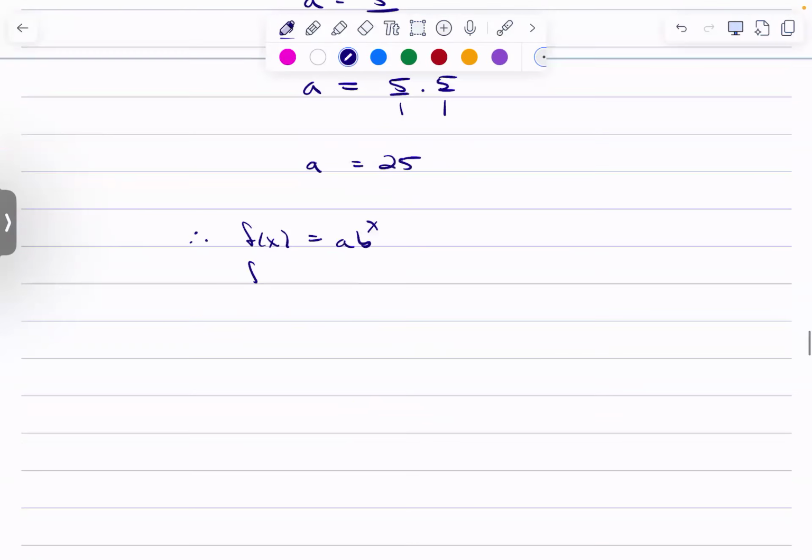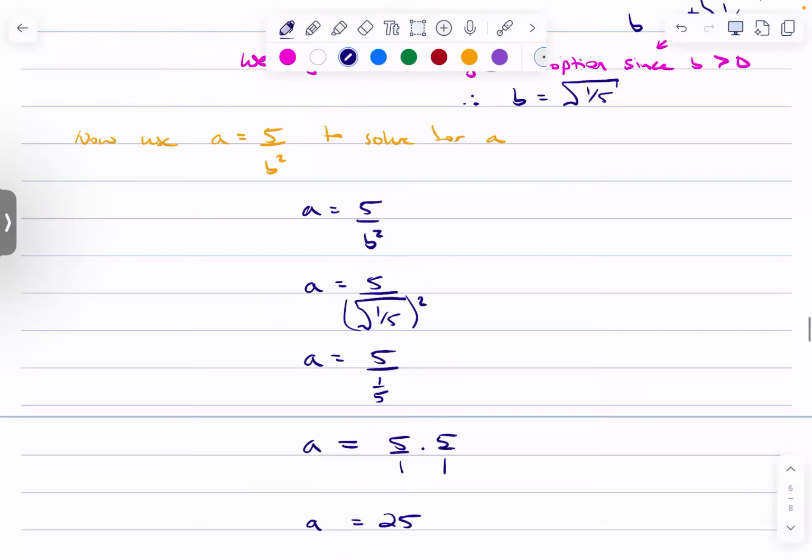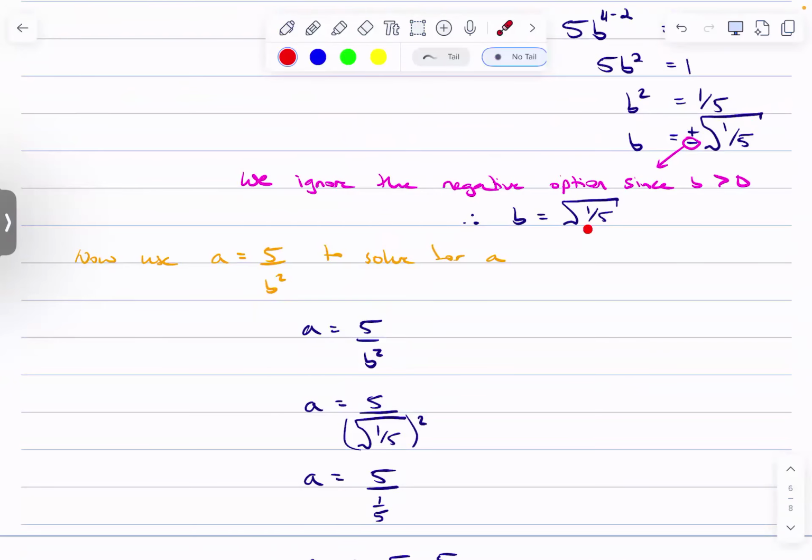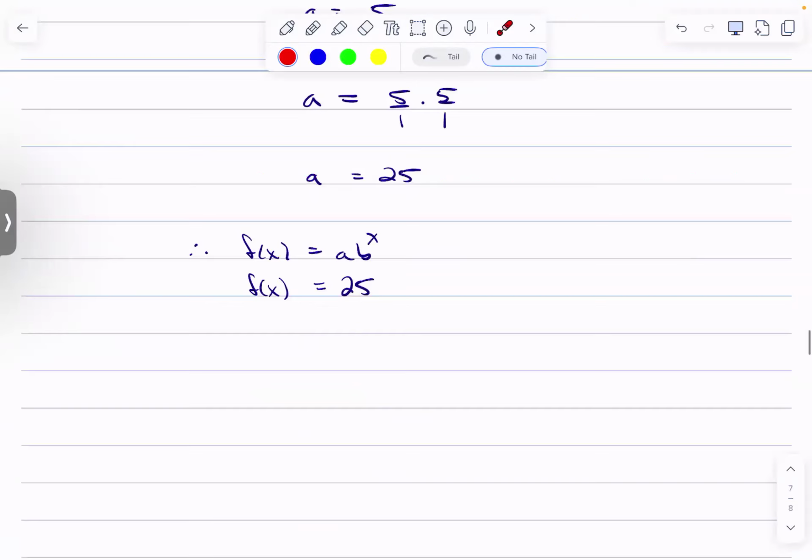Therefore, f of x, which is in general a times b to the x, must be 25 times b, which we said is the root of 1/5, right? I don't think there's anything nice about the square root of 1/5. No, it's nothing nice. So I'm just going to keep it as the root of 1/5 to the power of x.